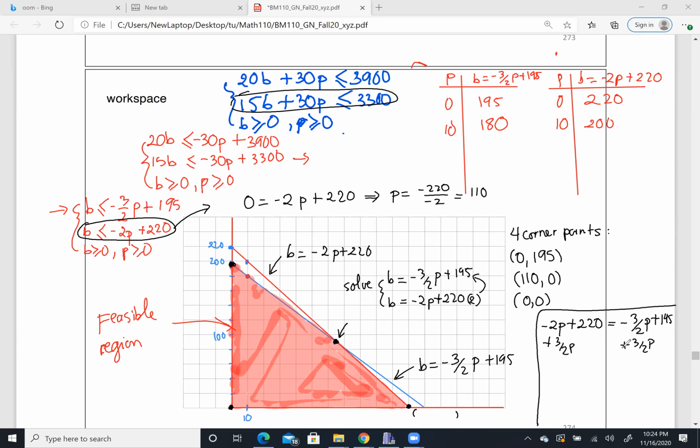Then the right hand side now just has 145. The left hand side will have negative 4 halves p plus 3 halves p, which will be negative 1 half p, so negative 1 half p plus 220. And then I will subtract 220 from both sides.